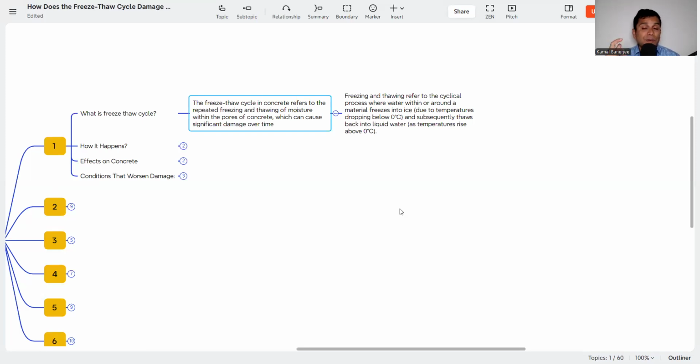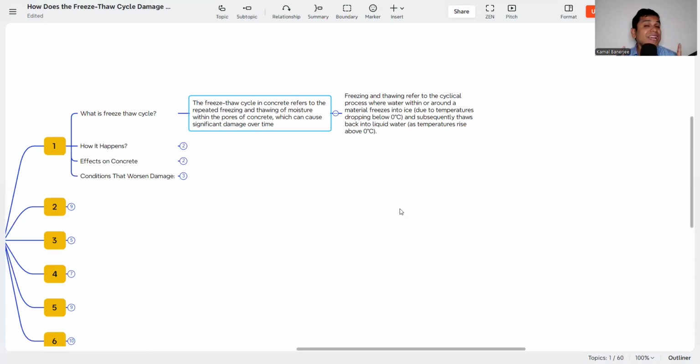Because of the temperature rise and fall, it repeatedly becomes ice and again becomes water. Freeze is when it becomes ice and thaw is when it becomes water. So this cyclic process is called the freeze-thaw cycle.